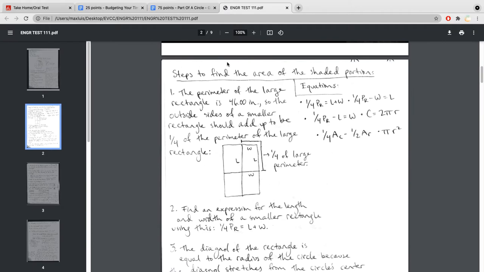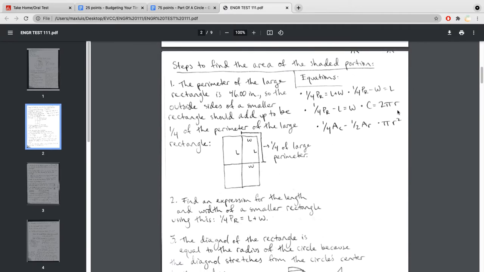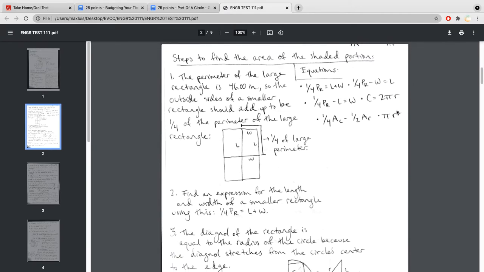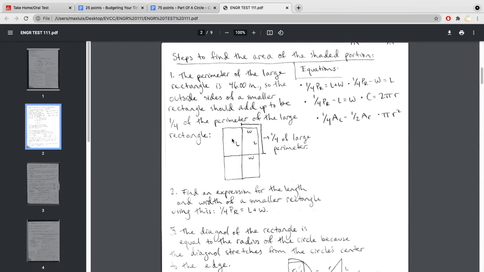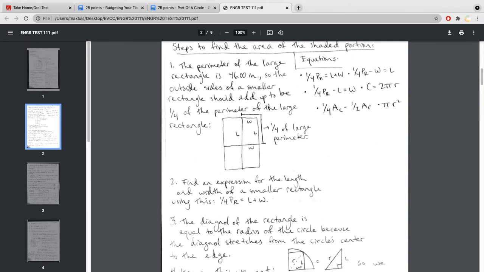So here I start to list out the steps to start tackling this problem. Number 1, we know the perimeter of the large rectangle is 46 inches. That's all of this. So the outsides of the smaller rectangle should add up to 1/4 of the perimeter of the large rectangle.